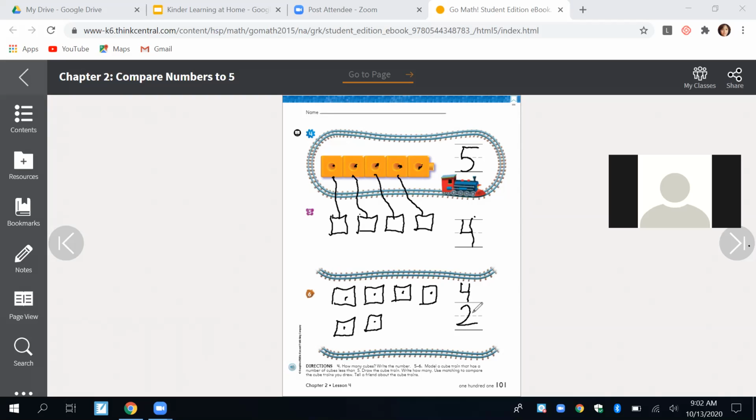Okay, Beth, what's my next step? Oh, first, before I forget, which of the two numbers is less? The 4 or the 2? The 2. 2 is less. Okay, I'm gonna make my circle right here. So how can we check to make sure that that is true? What's our next step?